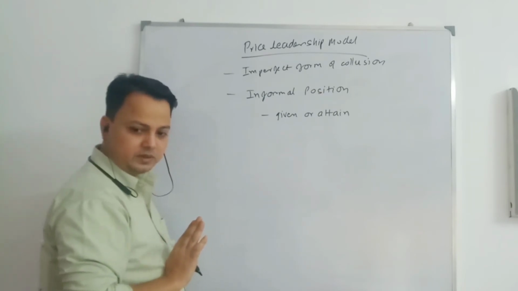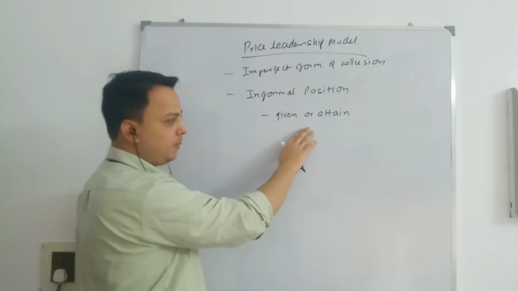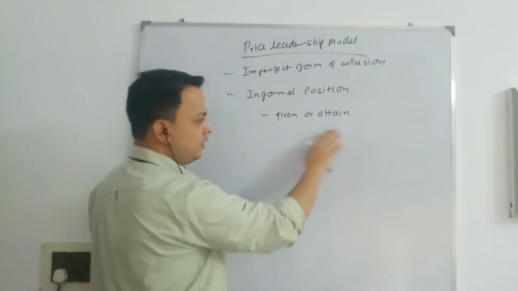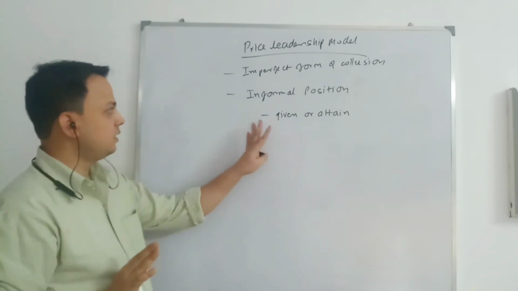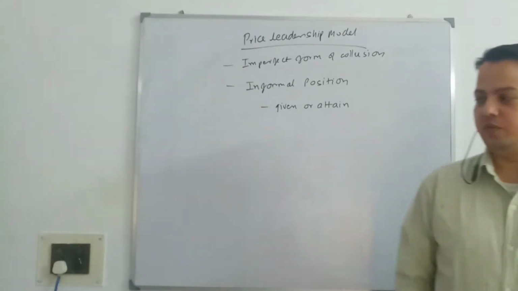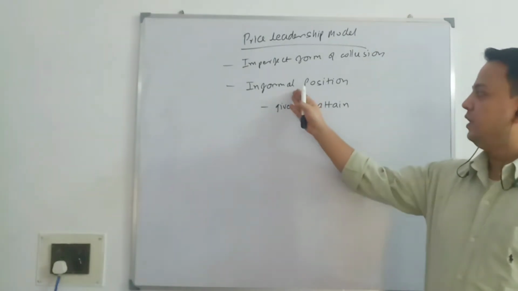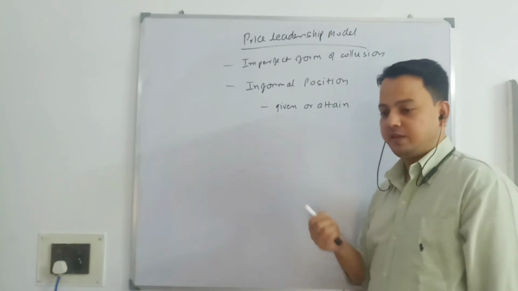Clear? So here a particular firm will be a leader, and all other firms will follow that firm in an oligopolistic setting. That is what we have in price leadership. Here we are talking about a firm attaining a position where it acts as a price leader.